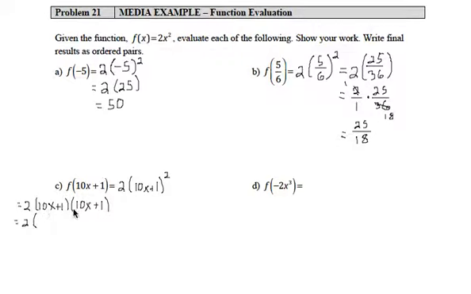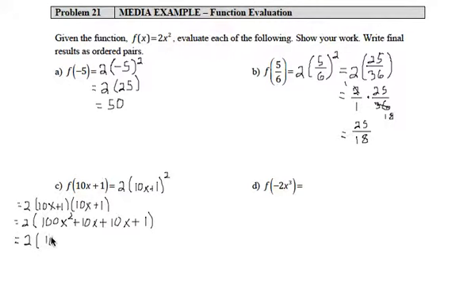So 10x times 10x is 100x squared. 10x times 1 plus 10x. 1 times 10x plus 10x. 1 times 1 plus 1. I'm going to simplify inside first.